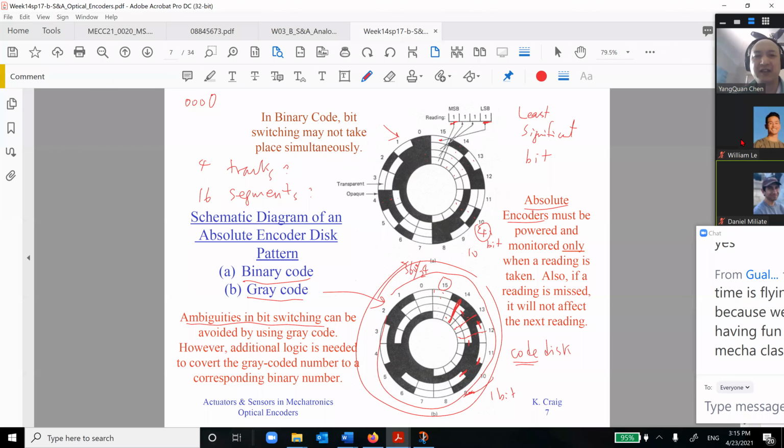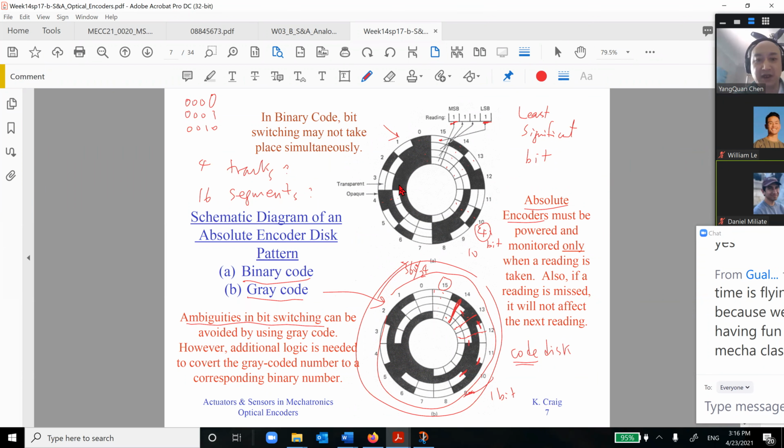Then the next one is 0, 0, 0, 1. That is this segment, okay? And the same thing is true. So this is 0, 0, 1, 0. Okay, so this is called binary code.